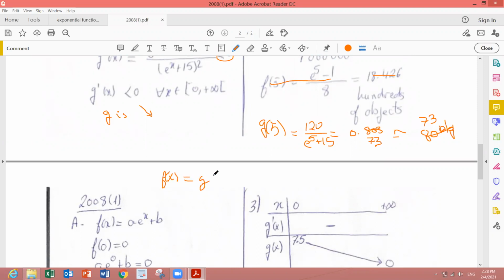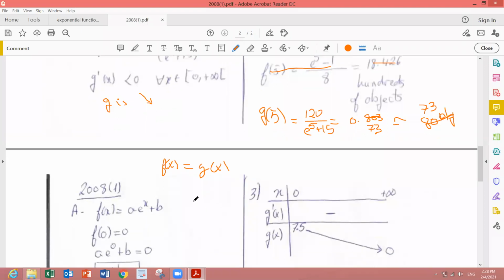How to solve it? What is fx? e to the x minus 1 over 8 equals 120 over e to the x plus 15. How do we solve it?